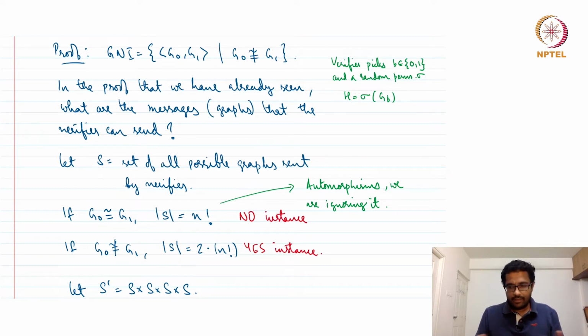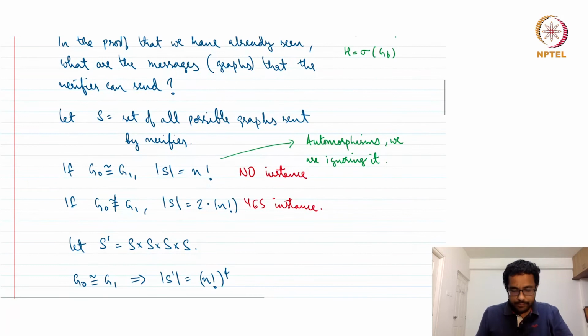For instance, for some simple graphs, if you relabel them in two ways, they still look the same. So it will actually bring down the size of S to something below n factorial. But I do not want to get into that, mainly because that particular detail is not really that crucial for this proof. So I'll tell you why it is not crucial.